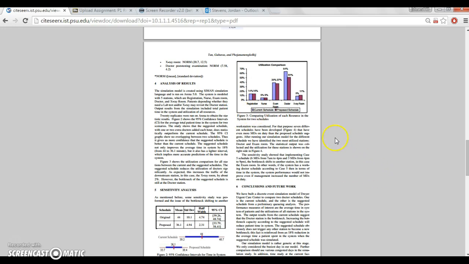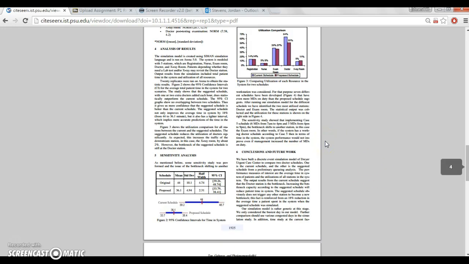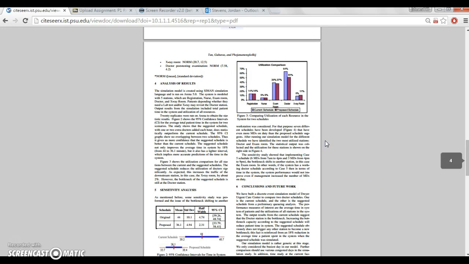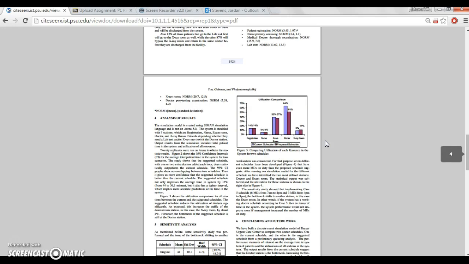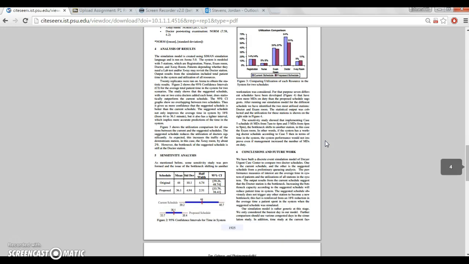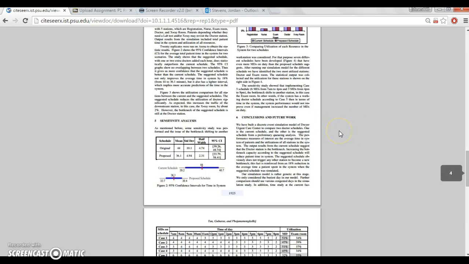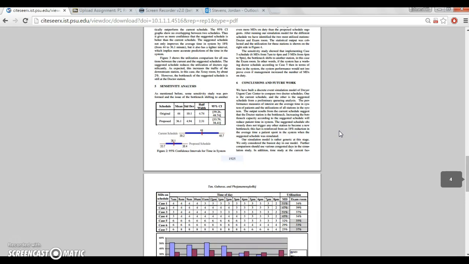This is because of my distribution times, and also I was not given an arrival rate. These are major things that would lead me to have a very different result than theirs. But even though I had a very different result, mine also showed a drop in the percentage of the scheduled utilization, and a drop in the average time in system, which would further prove that their solution is correct.